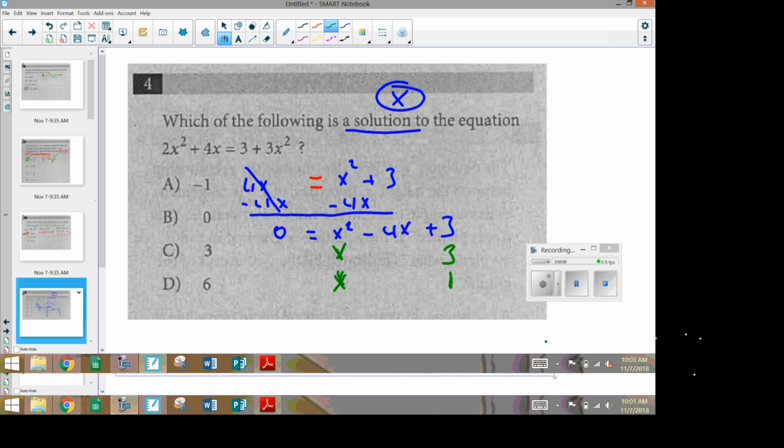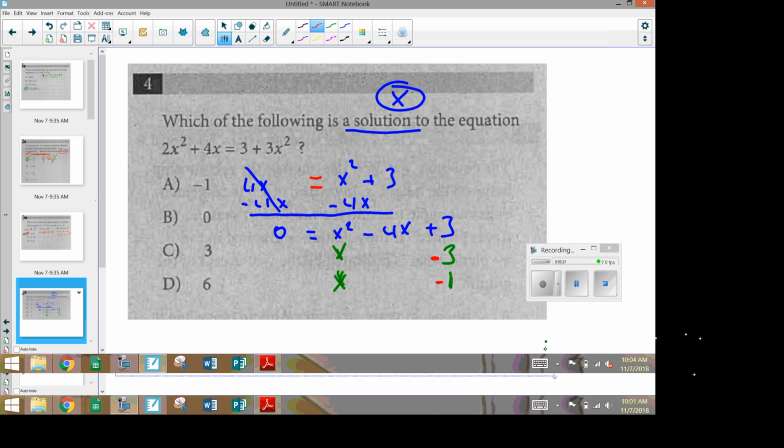Okay? But that's right, 3 times 1 is equal to 3, but when I add two numbers, I'm supposed to get this coefficient, -4. 3 plus 1 is not equal to -4. What should I do? Make both negative. So let's check. -3 plus -1 is equal to -4, that is right.